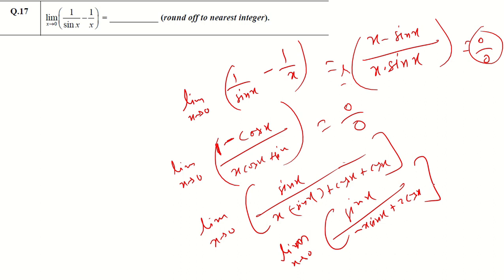If you apply here, sin 0 is 0, here also we will get 0 plus 2 cos 0, that is 1, so 0 by 2 is equal to 0, so 0 is the right answer. Okay, next question is, given that, what is this?